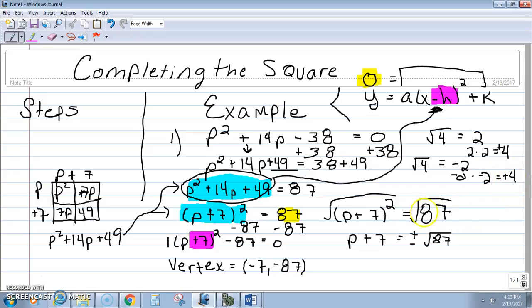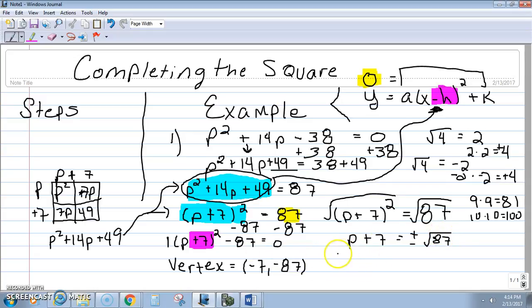So 87 doesn't have a perfect square. I know 9 times 9 is 81, and I know 10 times 10 is 100, but there's nothing in between 9 and 10 that gives me 87. So I'm just going to leave it as the square root of 87. But I do know that there's two answers, a positive answer and a negative answer. So it stays plus or minus, just like the quadratic formula, because we're going to have two answers to this quadratic.